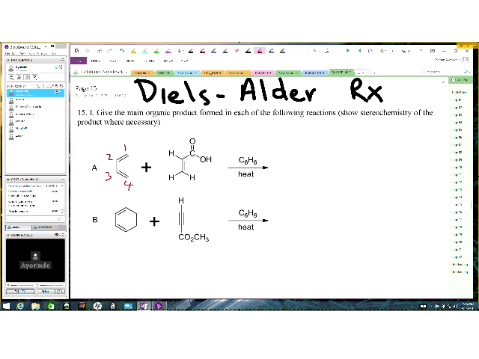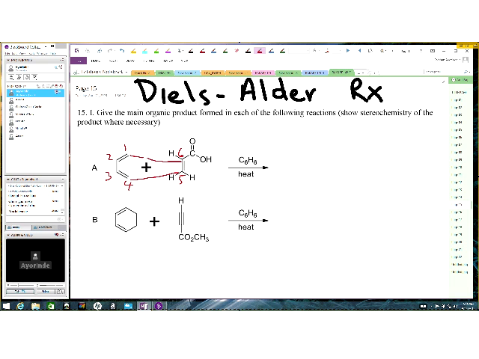Then the two carbons of the dienophile, I will call them 5 and 6. So what happens in the Diels-Alder reaction is you end up forming a cyclic six-member ring in which carbon 1 is attached to carbon 6, and carbon 4 will be attached to carbon 5. So keep that in mind. That is what you get.